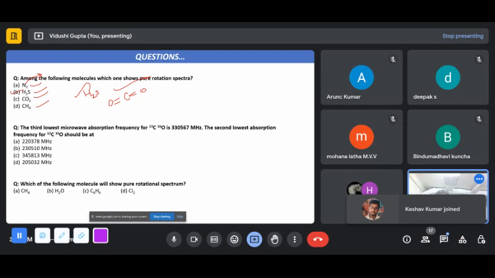What happens if a molecule does not have a permanent dipole moment?